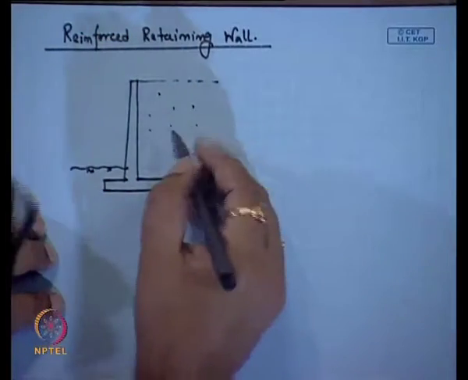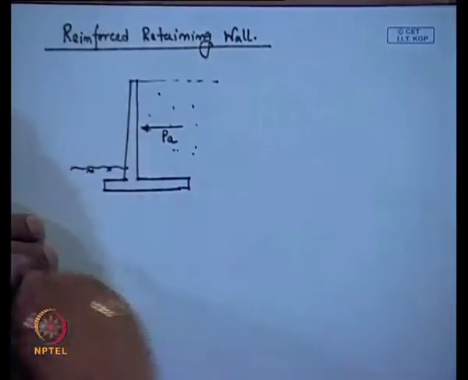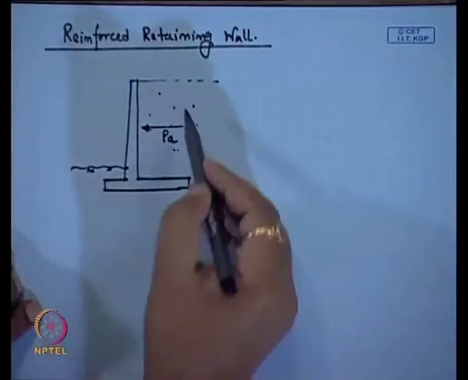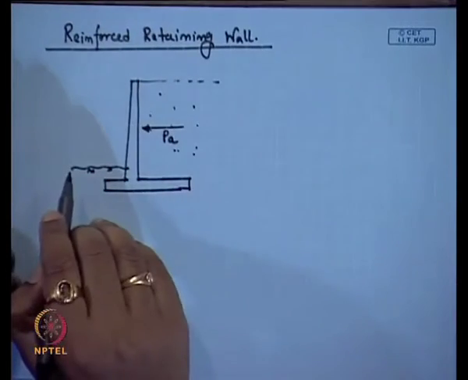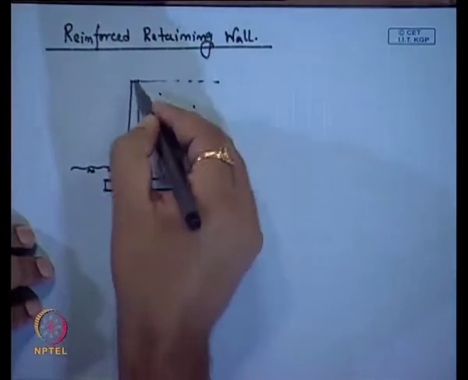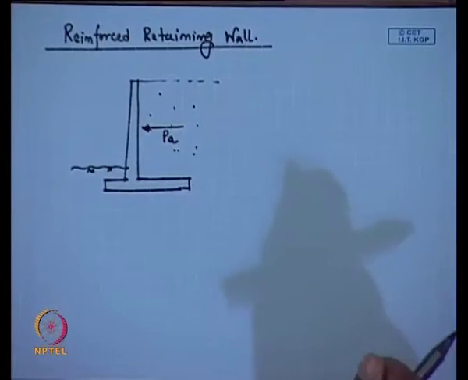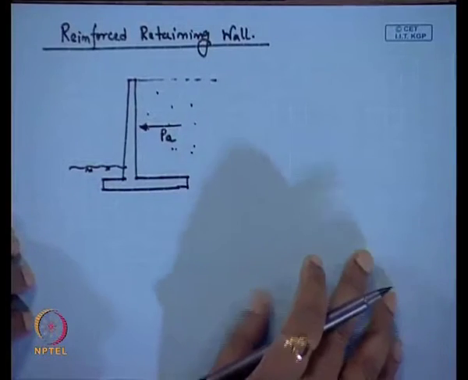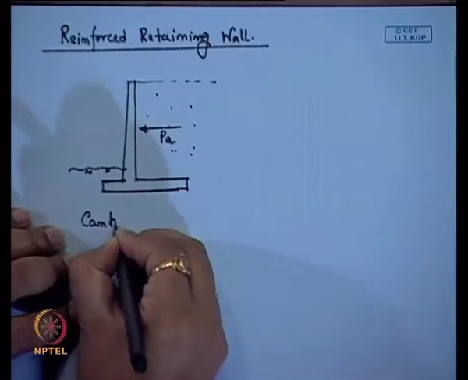Here the soil is giving lateral pressure on the retaining wall, and this lateral pressure is taken by the cantilever retaining wall. Here we are providing steel, and if it is a gravity retaining wall, then the weight of the retaining wall itself gives the resistance. But similar things apply, so this is a cantilever retaining wall.